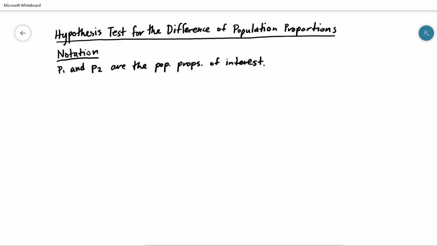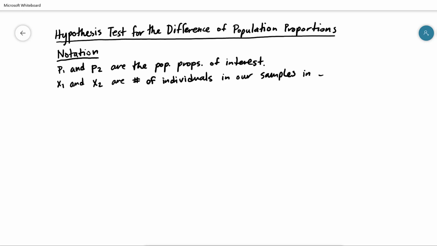We will also have x1 and x2. These are going to be the number of individuals in our 2 samples, because we're looking at 2 different groups here again, that fall into whatever category we're interested in studying.